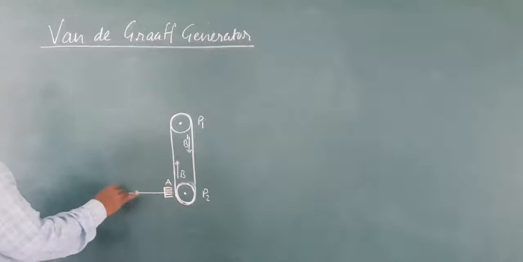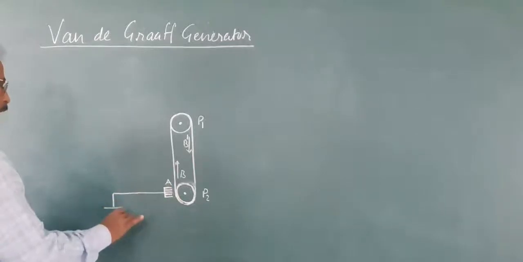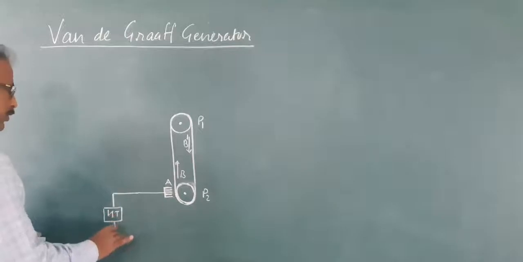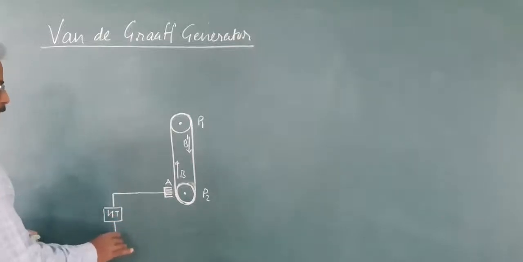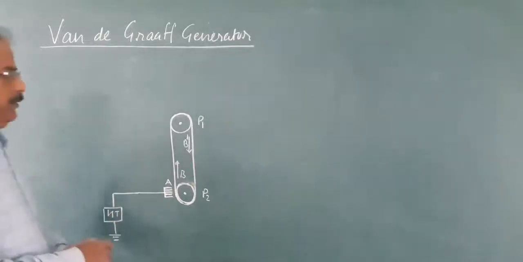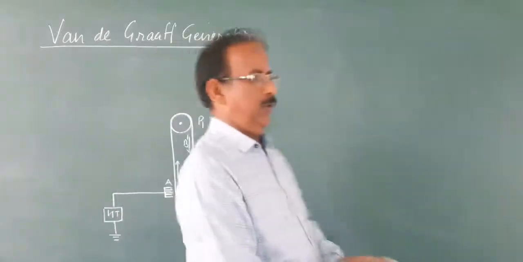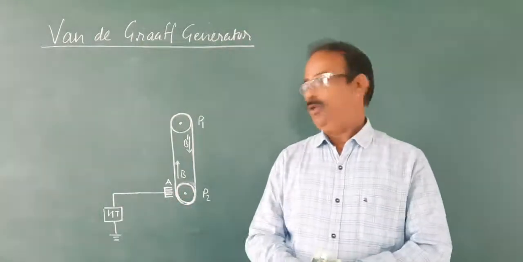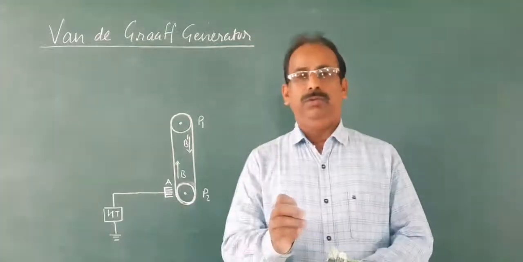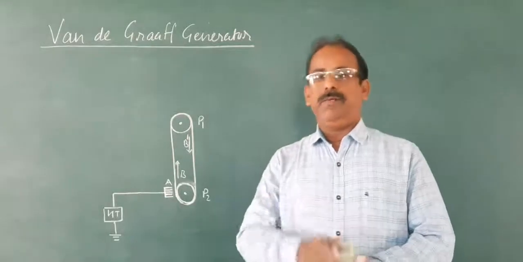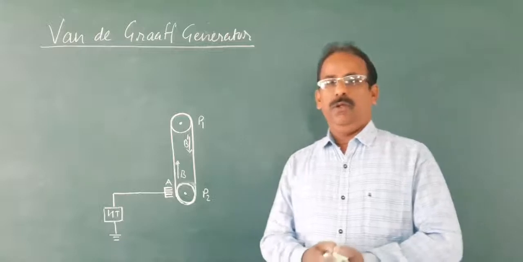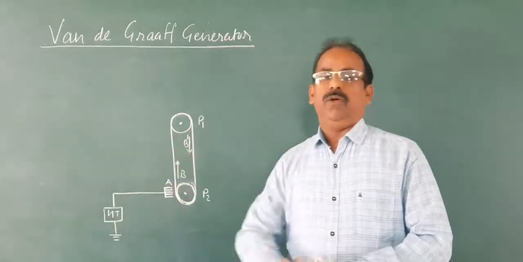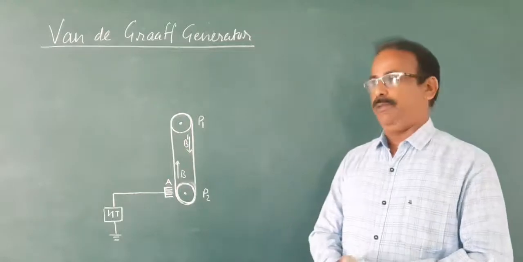It is also connected to a high tension battery. This spray brush is made up of conducting wires, and one end of this brush is connected to the high tension battery.